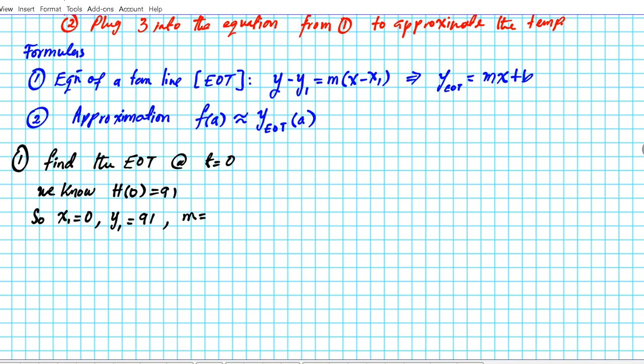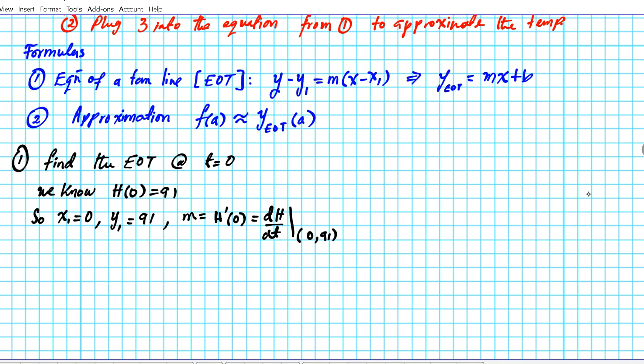M is basically the derivative at the point of tangency. So h prime of 0, or the derivative of h with respect to time evaluated at the point (0, 91). This is kind of a strange problem.